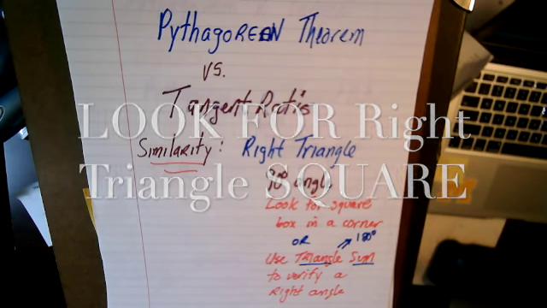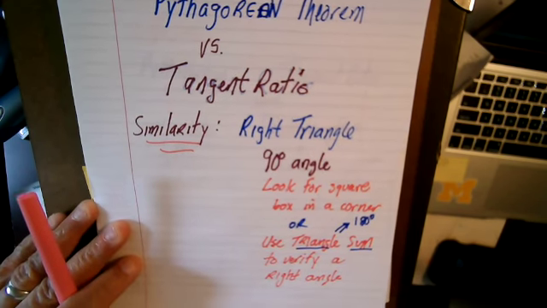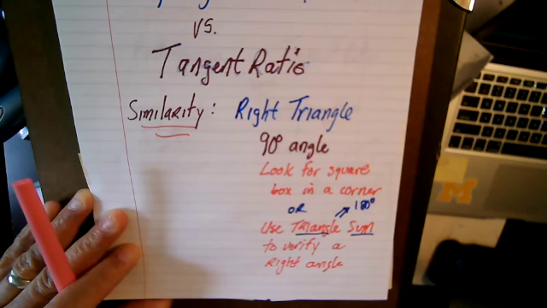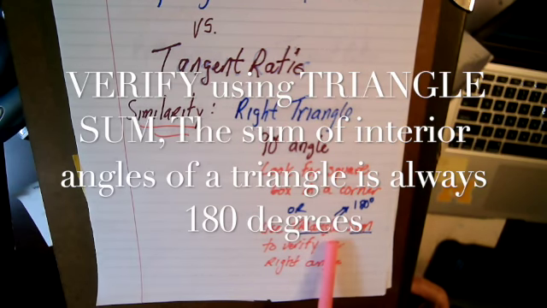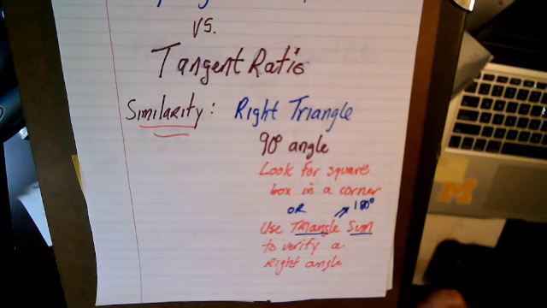The other thing we can do is sometimes go back to geometry and use triangle sum. So perhaps the two acute angles are given, and we have to add up the two acute angles and make sure that the third angle of that triangle will be 90 degrees.